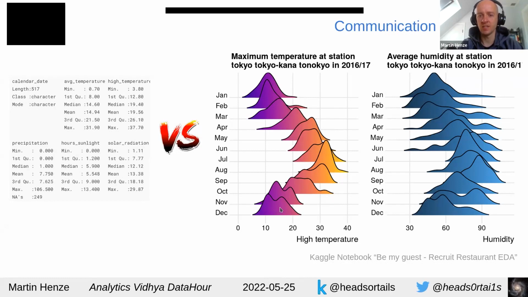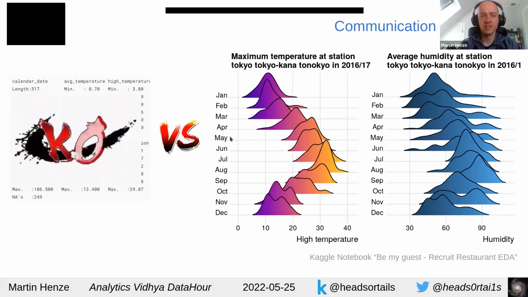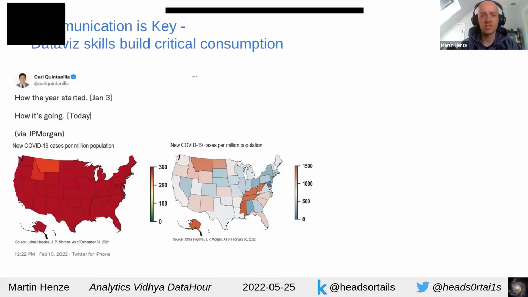And then the winter months are colder. So if you want to communicate that, the visualization is immediately accessible, immediately clear, and if you put those two against each other, the visualization will win. KO, no contest. And data visualization skills can also help you to build your skills of critical data consumption.